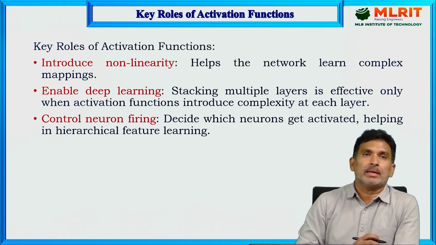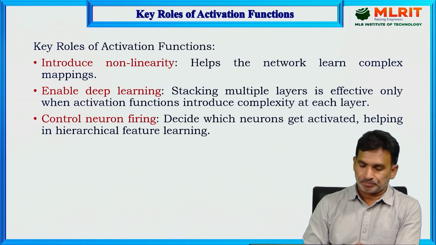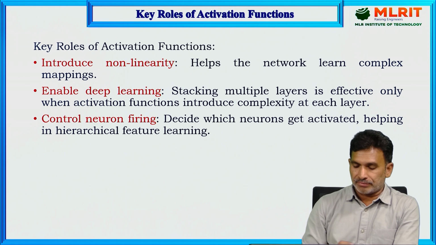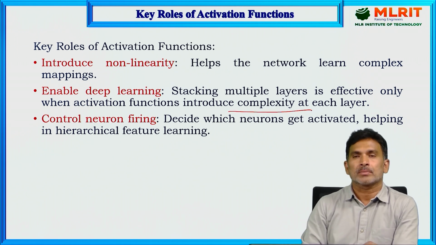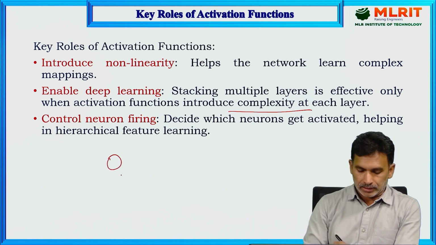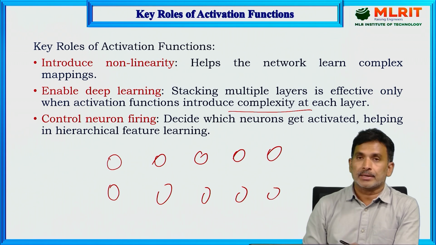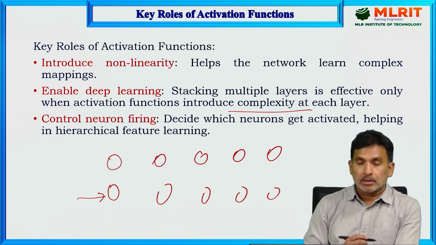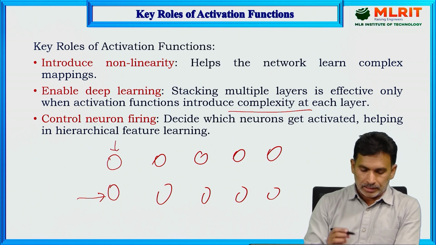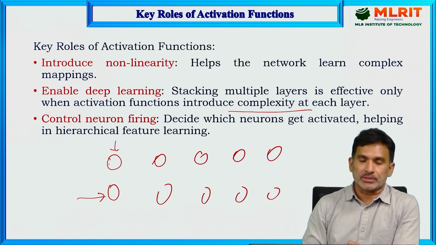The next one is enabling deep learning, which means we can stack multiple layers. Stacking multiple layers is effective only when activation functions introduce complexity. If you take a linear activation function and there are many layers stacked like this, each neuron in each layer, suppose in this layer we have two neurons, is using this linear activation function.